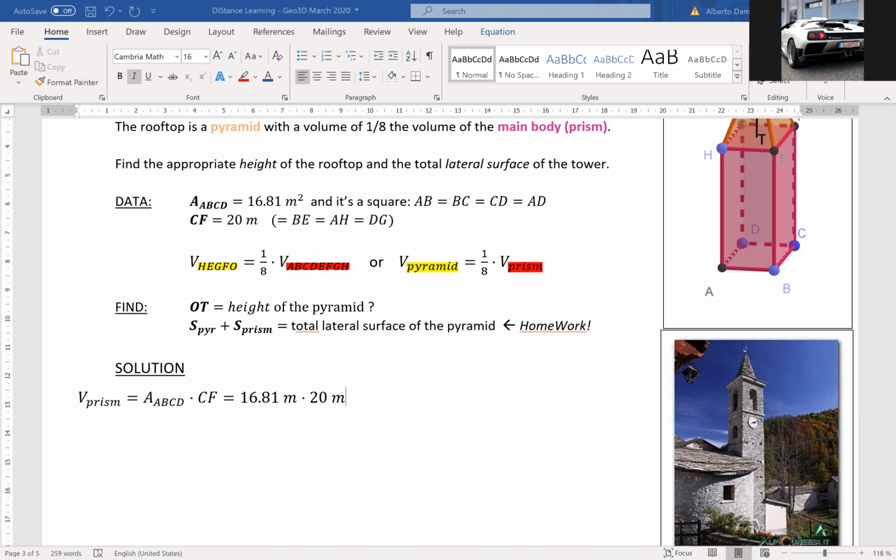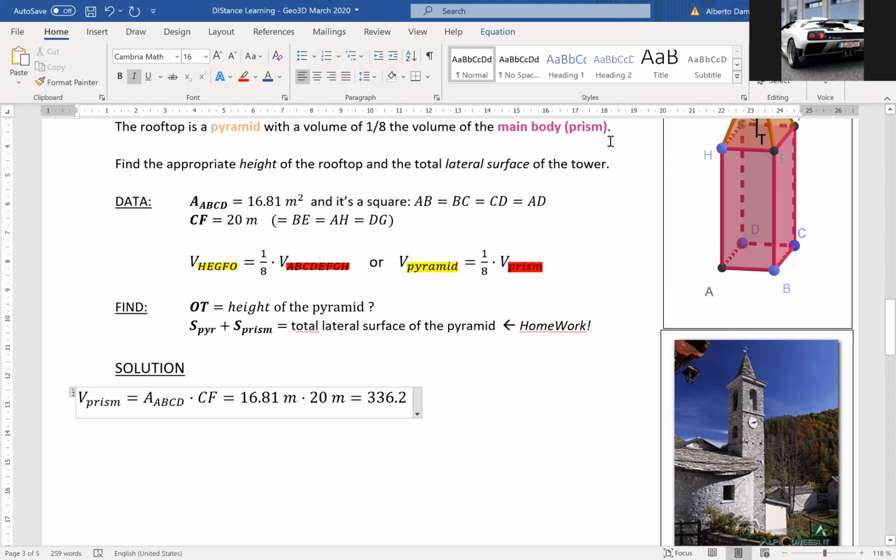Okay, and then I can do the calculation. My calculator has done it for me already. It should be 336.2. And what, raise your hand if you know what you need to put here. What kind of unit do we put now?